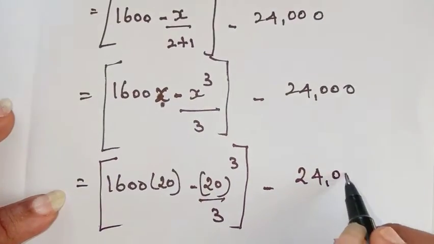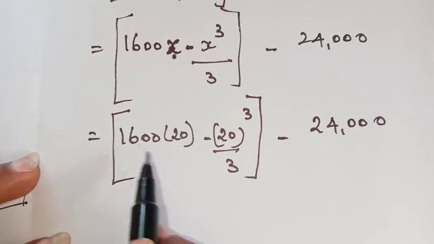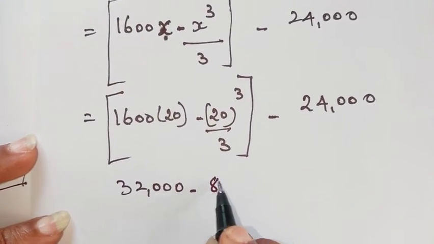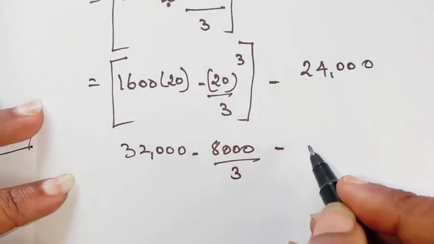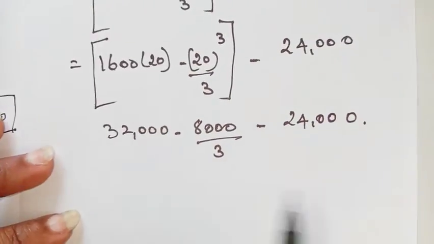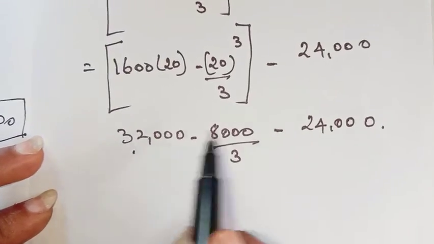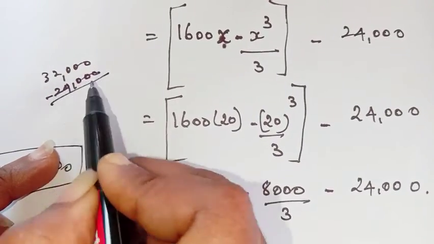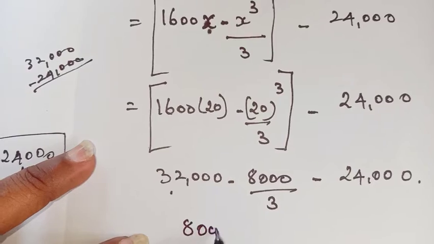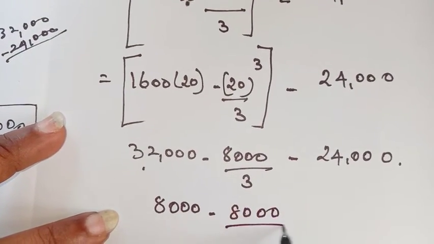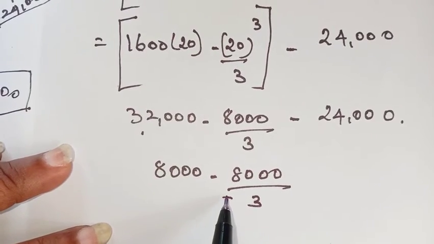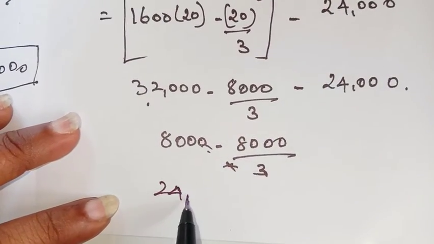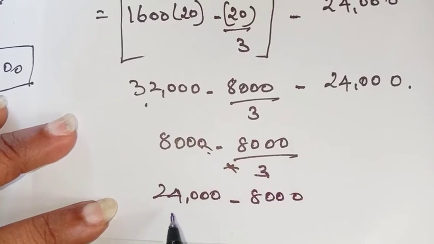Again minus 24,000. Next, multiplying, we get 32,000 minus 20 into 20 into 20, which is 8,000, divided by 3, minus 24,000. Now 32,000 minus 24,000 gives 8,000, so we have 8,000 minus 8,000 divided by 3. By cross multiplication, 3 eights are 24, so 24,000 minus 8,000 divided by 3.